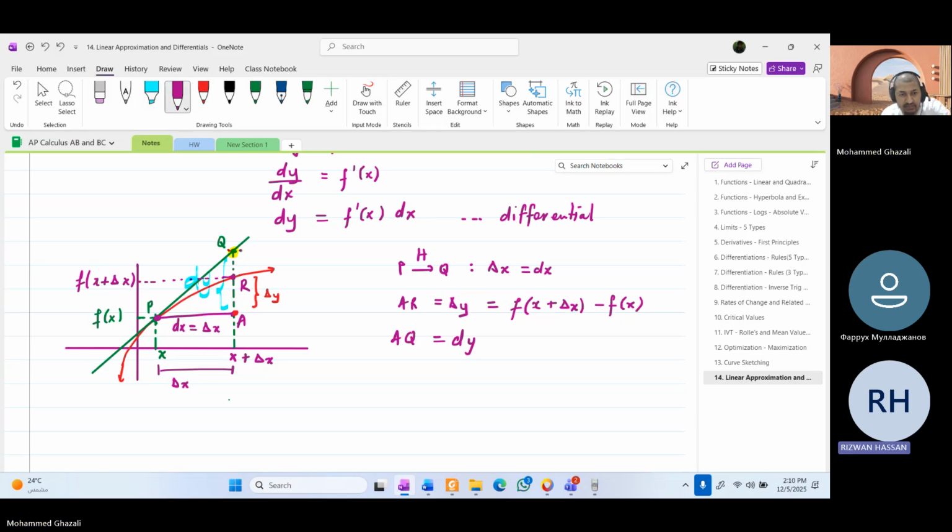One is the function and one is the differential. Delta y is the actual change in the function, and the differential change is an estimate. That's where linearization comes in.